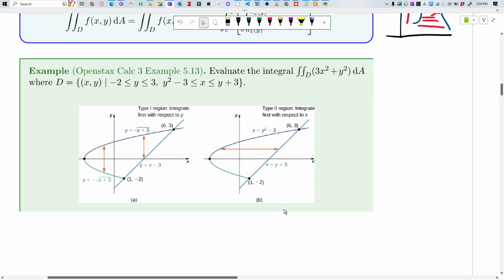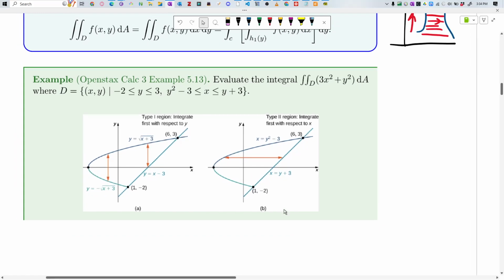Here's an example of this. Suppose you're asked to integrate this over this region. Notice that this is expressed as a region of type 2 because you have y sandwiched by some constant values and x sandwiched by functions of y. So, pictorially, we have this kind of situation.